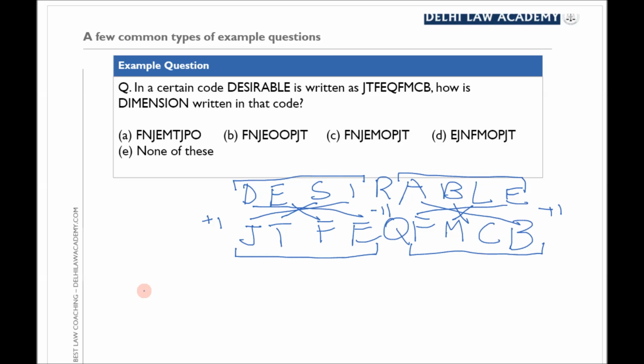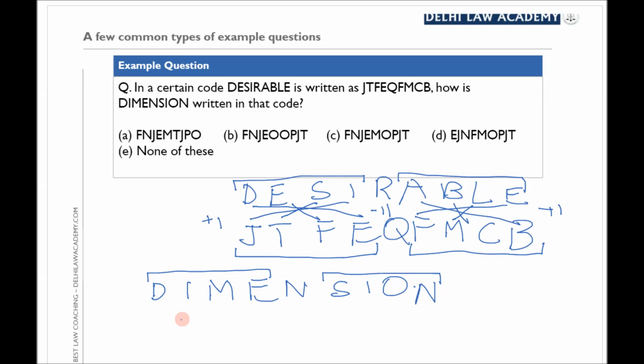Now we know everything about the code, so we can code dimension. When we write this down, we take the first 4, the last 4, and the middle character.